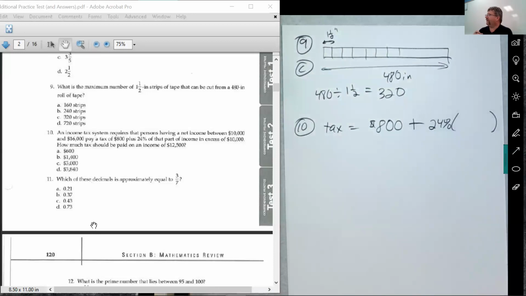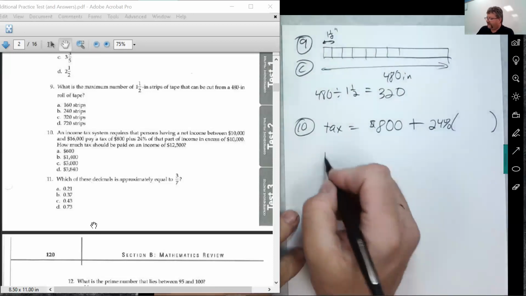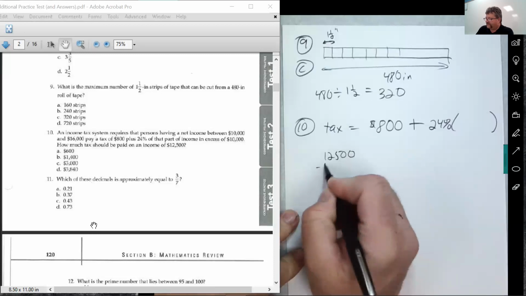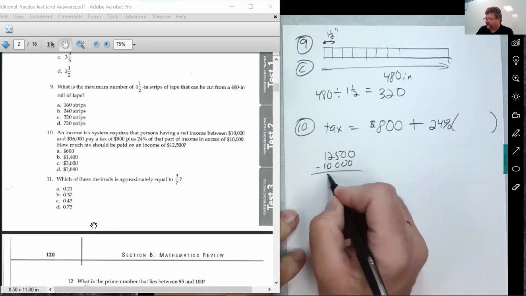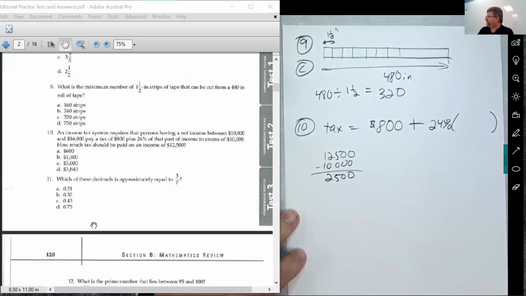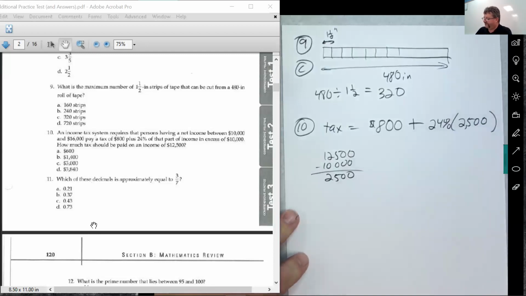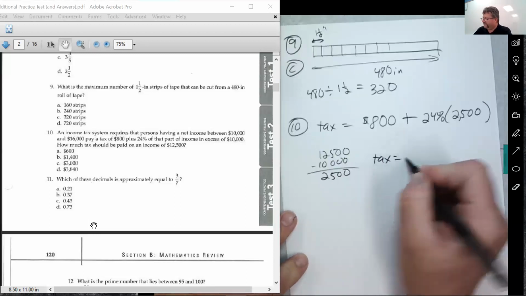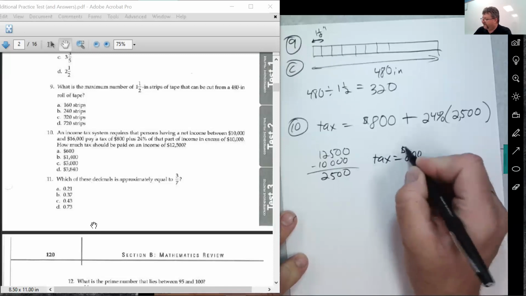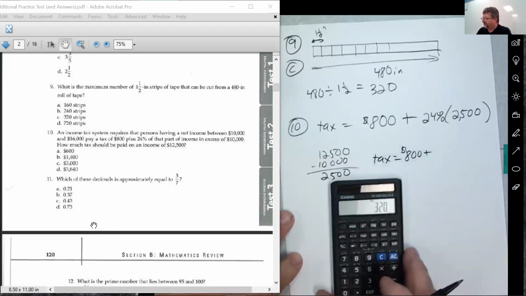Okay, so now you make 12,500. How much above 10,000 is that? Of course, that's 2,500, right? So we're going to pay 24% tax on that 2,500. That sounds like a rip to me. What do I know? Taxes, right? So I'm going to have the 800 plus 24% of 2,500.